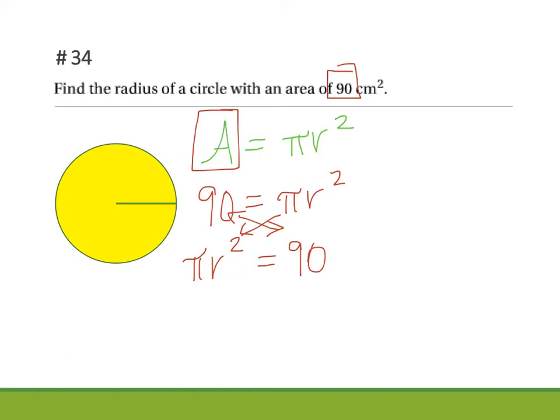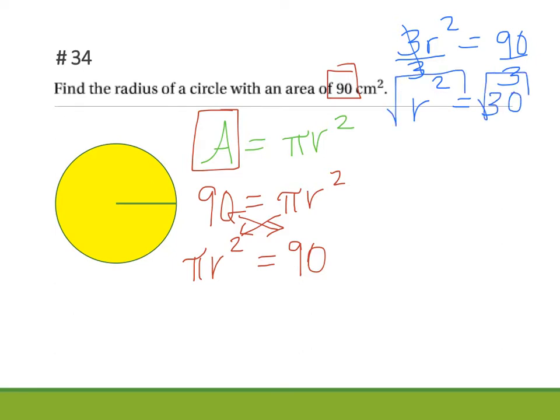Okay, now, think about if you had an equation like the one I'm going to write at the top of the screen. 3r squared is equal to 90. How would you begin to solve that problem? Well, you would divide both sides by 3 and write r squared is equal to 30, and then you would take the square root of both sides, and r would be equal to the square root of 30. Well, you're going to solve this problem similarly, only you're going to divide both sides by pi.